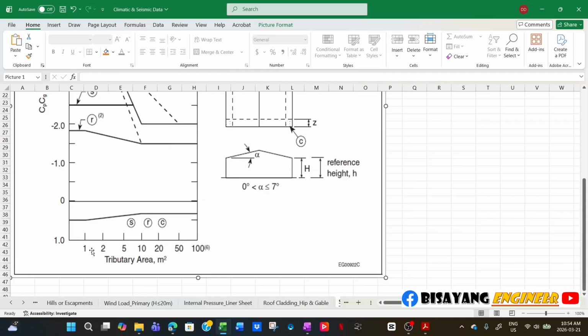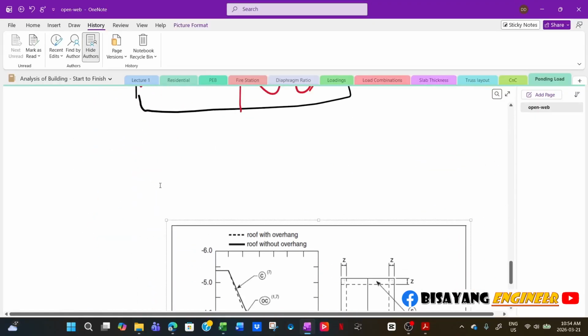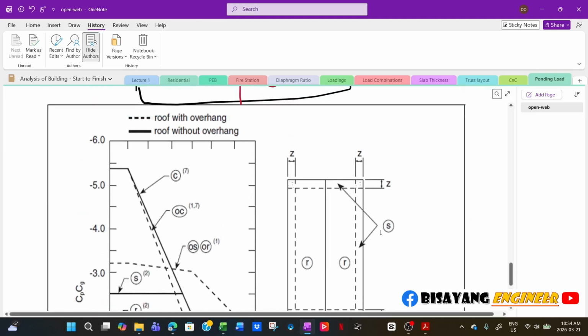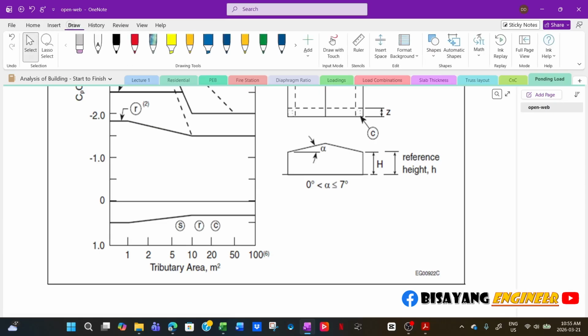Now you will see the tributary area for roof and for roof cladding, the area required is, let me see if we can copy it here. Okay, so this one. What you will do is, like I said, it depends on the area. Now, if you notice, at 10 square meters, this is now flat, right? So it won't change regardless of the roof area. It will be the same.